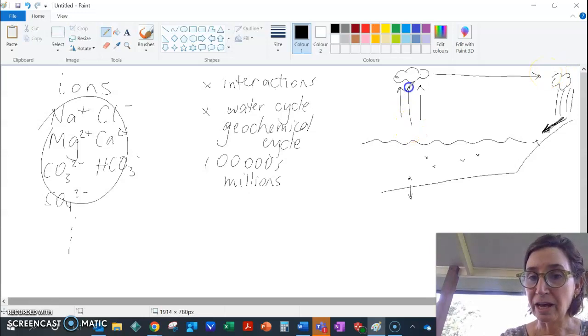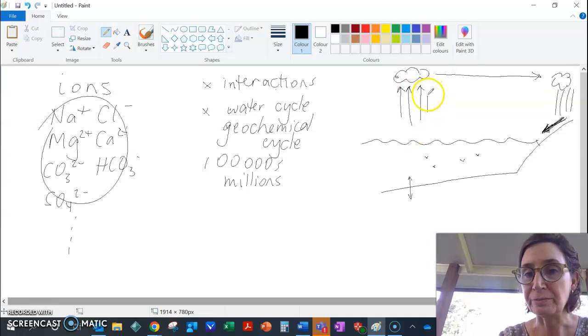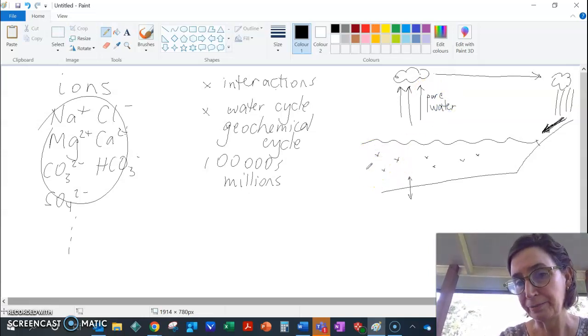In evaporation out of the ocean, it's only pure water which leaves the ocean. All of the ions are left behind. So you can see all the time the ions are being replenished by runoff, and the water is leaving.